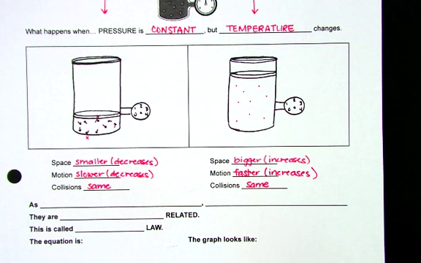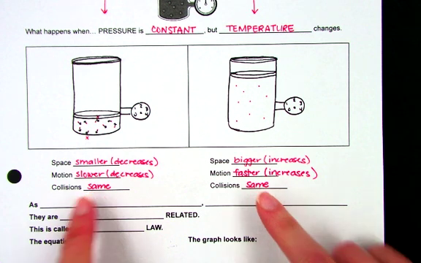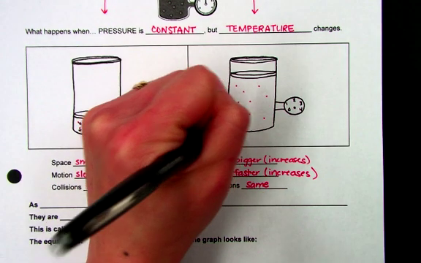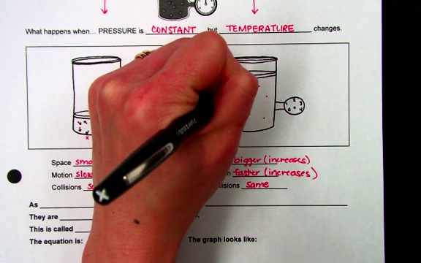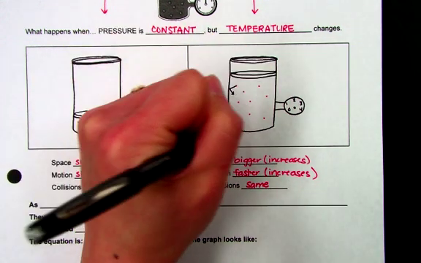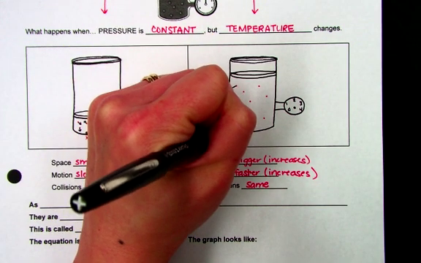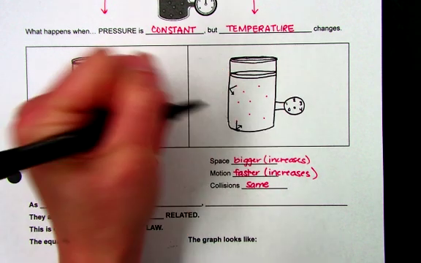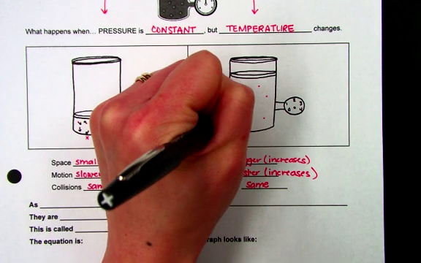Oh, how many collisions am I going to have? 2 because it's constant, right? So you should draw 2 of them bouncing off of the walls, right? But the other ones should be long arrows.